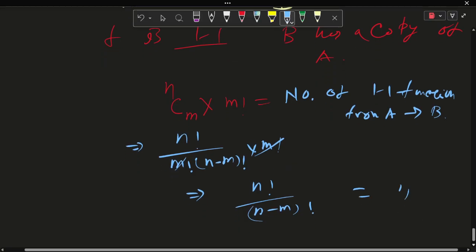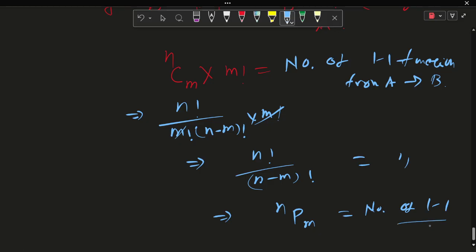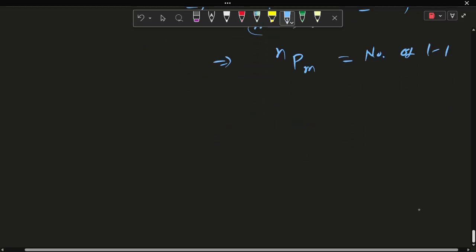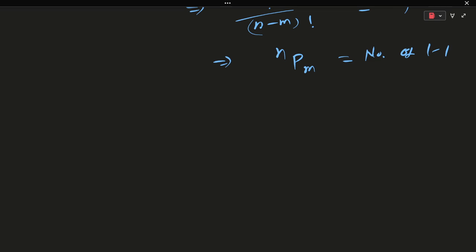This is equal to the number of one-one functions. So this is actually nPm. This is the number of one-one functions. This is counting, very easy. Okay, so now we take this. One-one function is done. Now another thing is onto function.